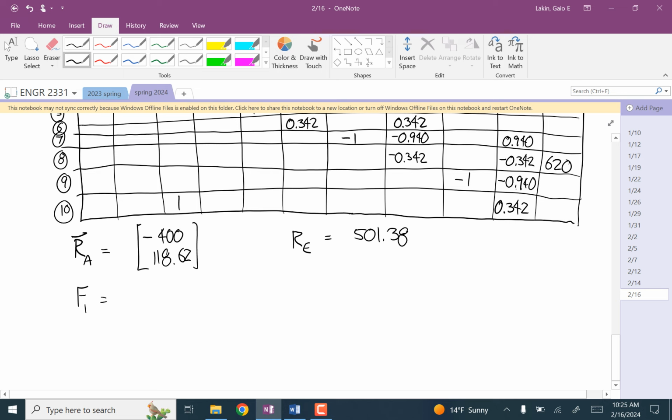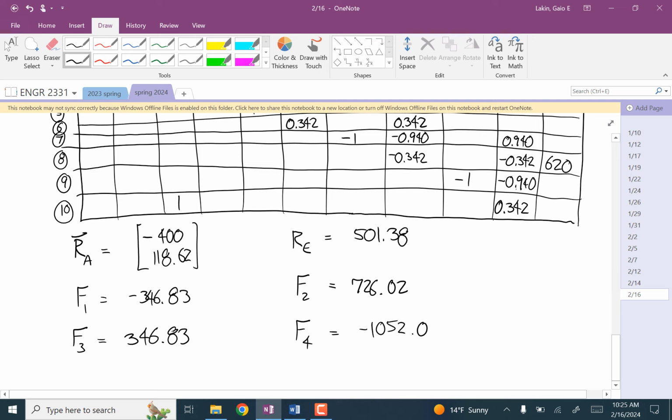F1, negative 346.83. F2, 726.02. F3, 346.83. F4, negative 1052.05.